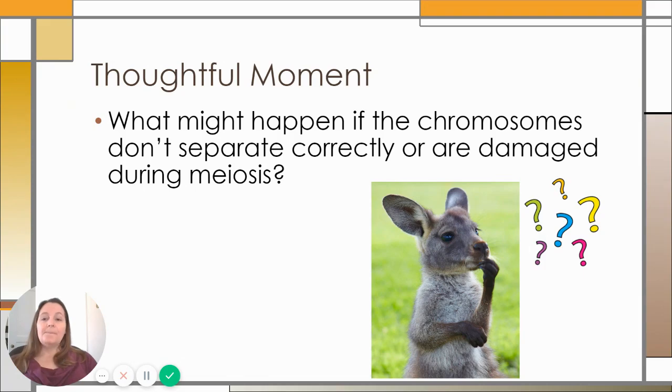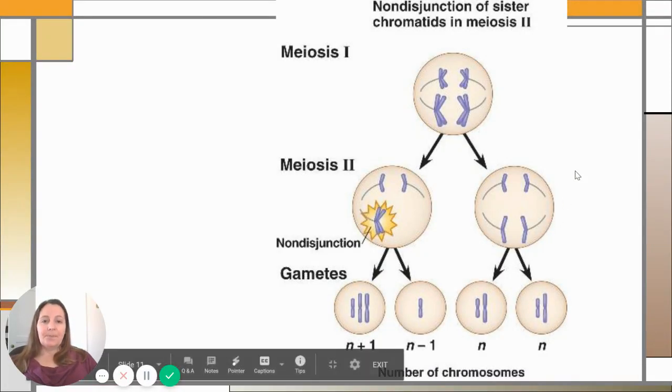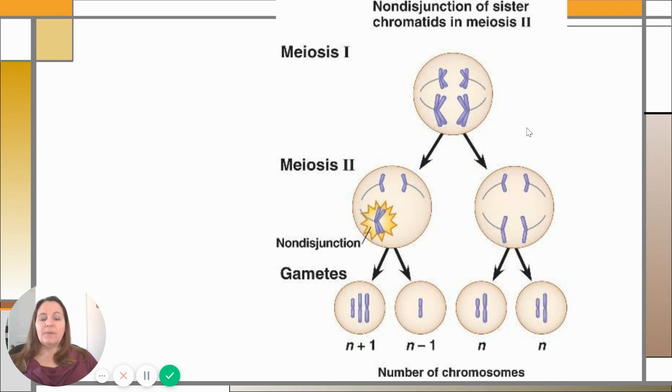All right, welcome back. So what can happen? Here's meiosis 1, where those homologous chromosomes line up and then they get separated, right? Here it's showing anaphase, where those homologous chromosomes are being pulled apart.